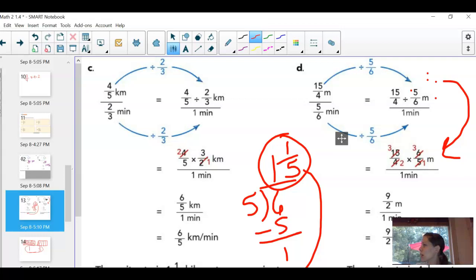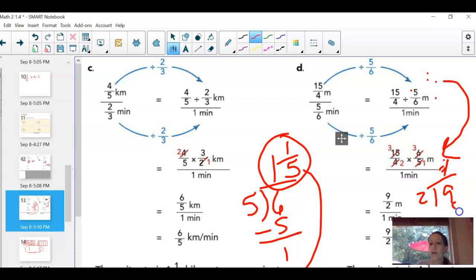There's multiple opportunities to cross cancel here. Sorry, oh my goodness, locked in. And so then once I've done that, I end up with 9/2. Okay, now I could multiply this out and get 15 times 6 would be 90/20, and divide them both by 10. But we did cross canceling. I want you to be in the habit of that. Now I divide that down.